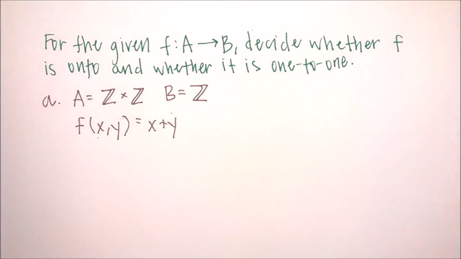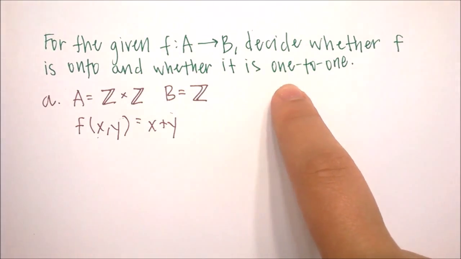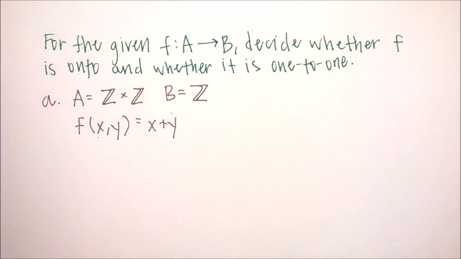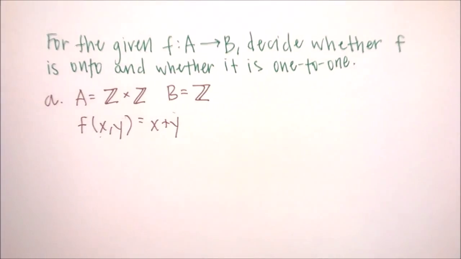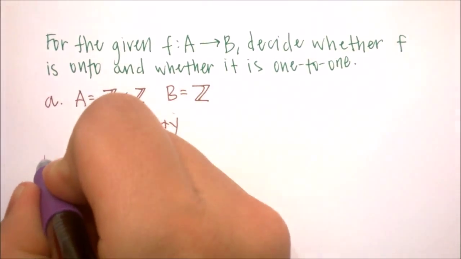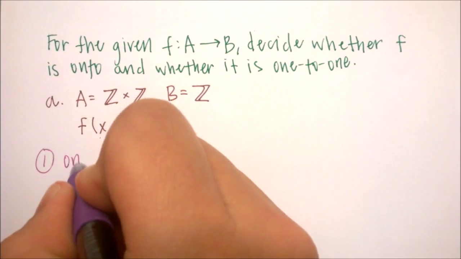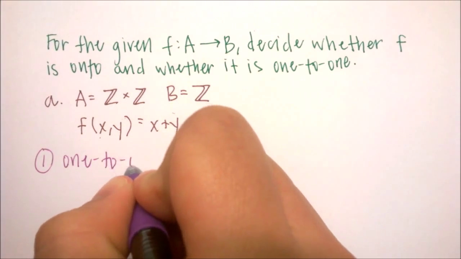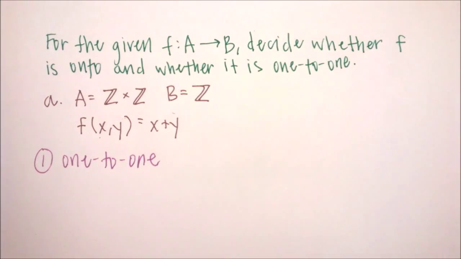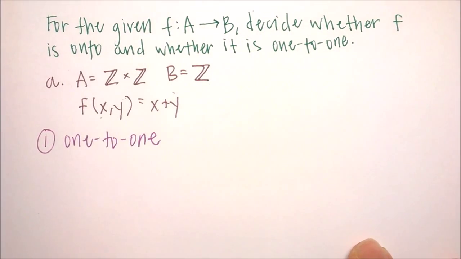So first, let's look and see if it's 1 to 1. I always like to start with 1 to 1. So our general tactic here is going to be taking the function and putting it in two different variables, setting them equal to each other, and then proving that those inputs are equal themselves.